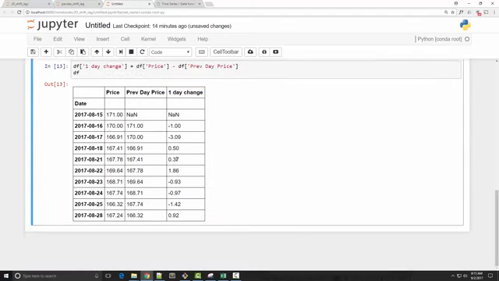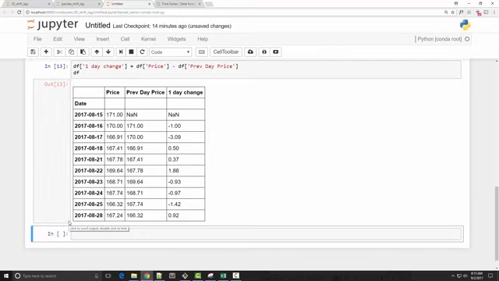Okay, and you can see that now I have 1 day change here. So on 16 the 1 day change was -1 because the current price is 170, previous day was 171, so price change is -1.